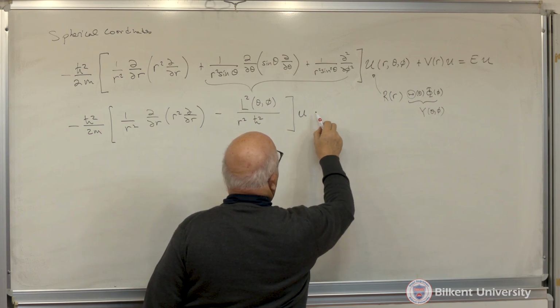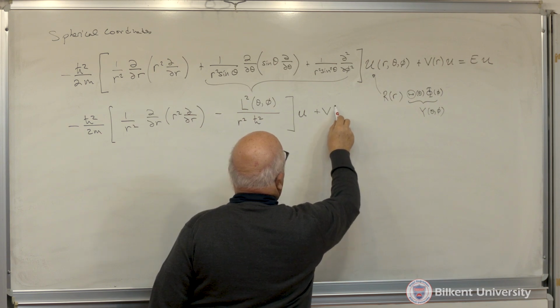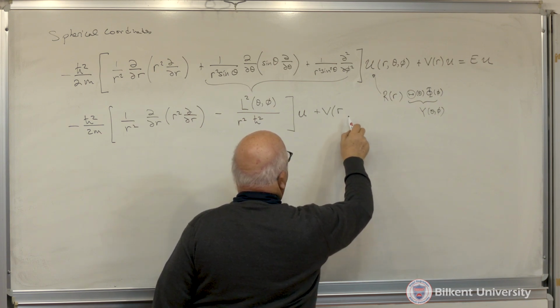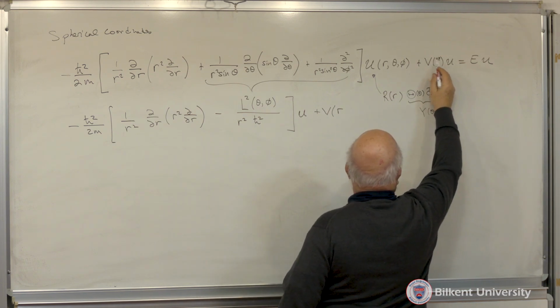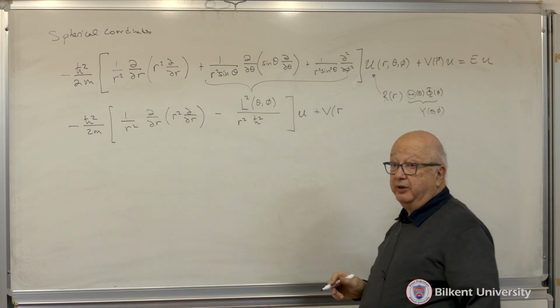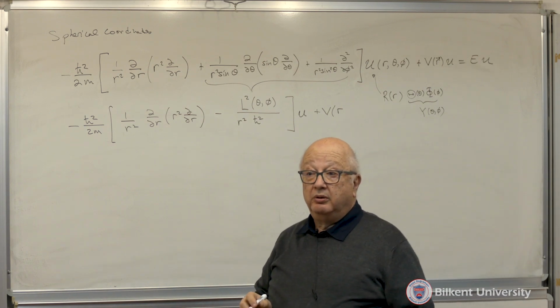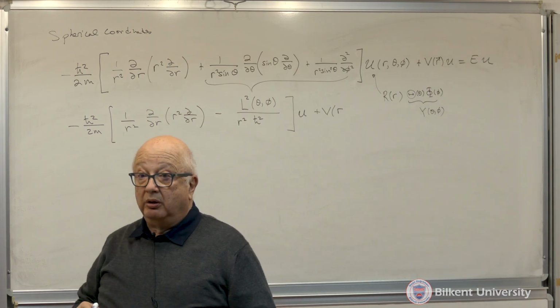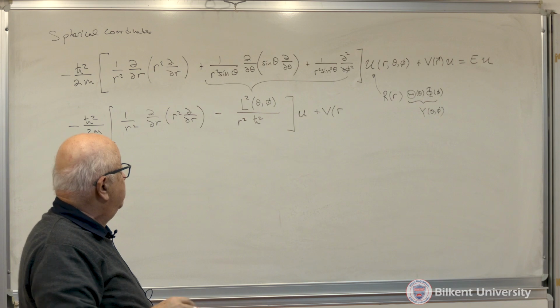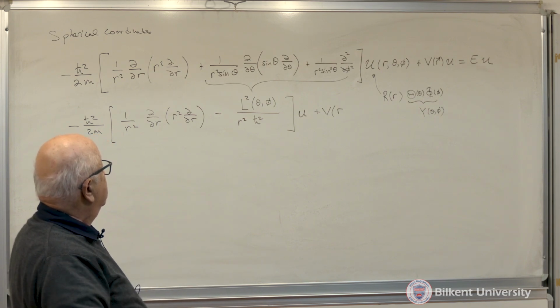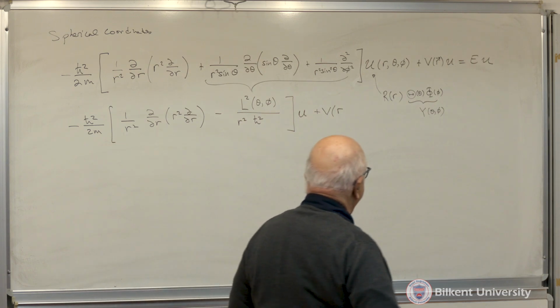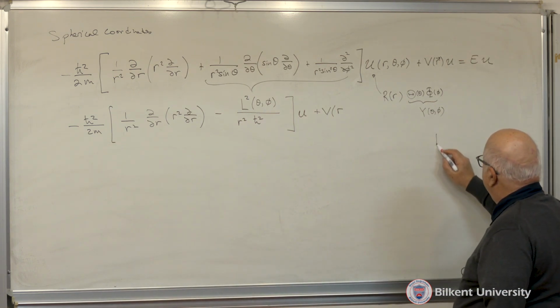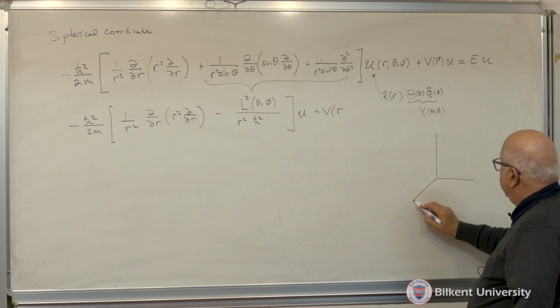Plus V of r times u. Let me put a vector sign here. In general, the potential can be a function of position, which may depend on r, theta, and phi. By the way, I have not drawn this, but I'm assuming that all of you know what we mean by r, theta, and phi.